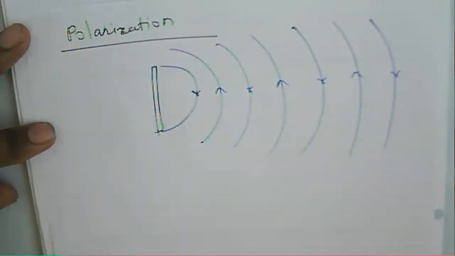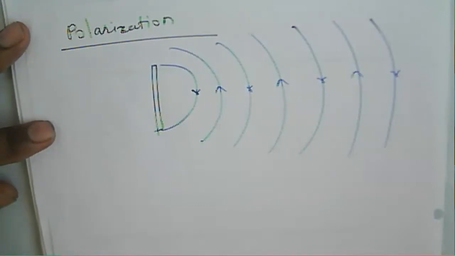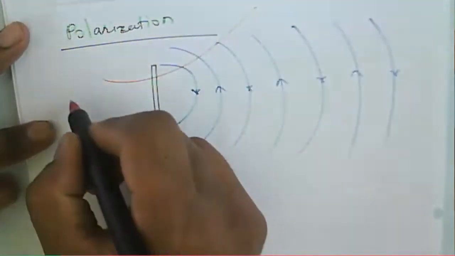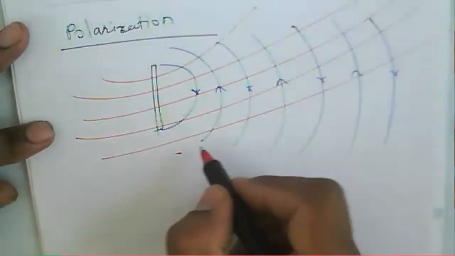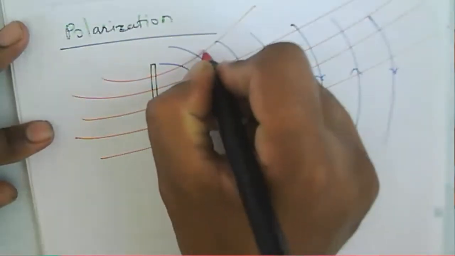Because this one is a wire, around it there will be a field component that we can say is the magnetic field component.